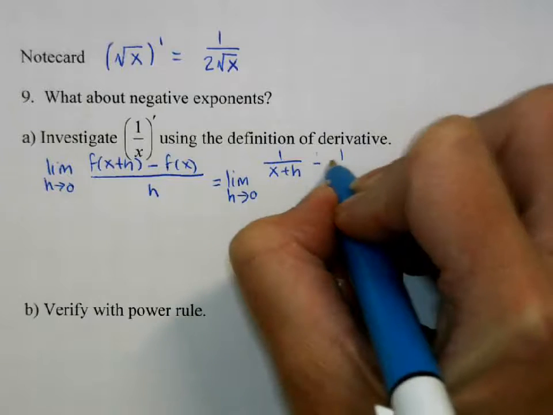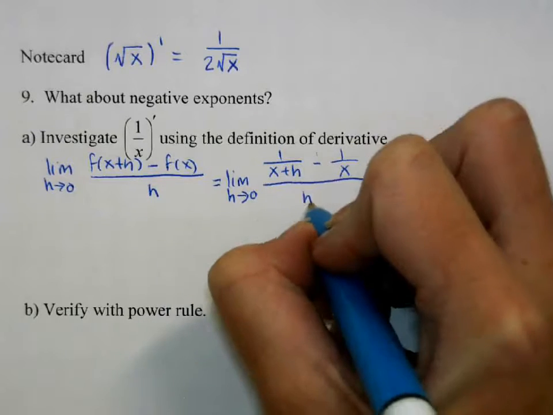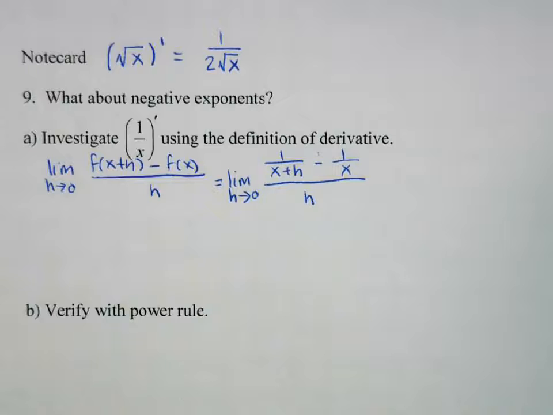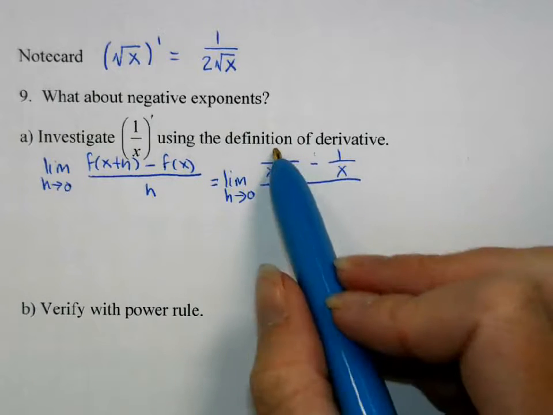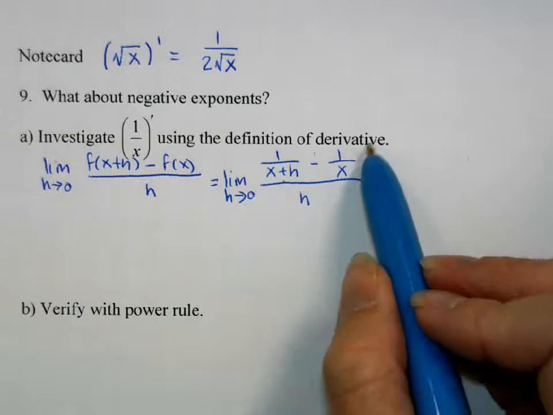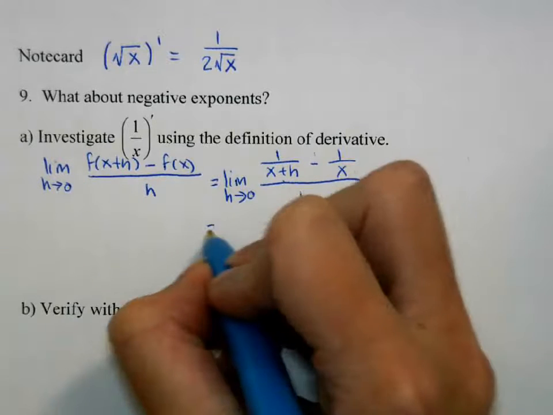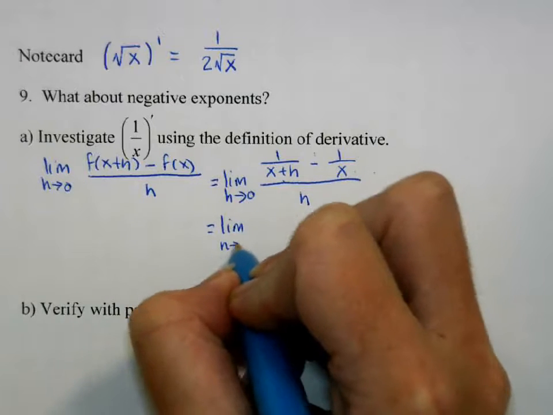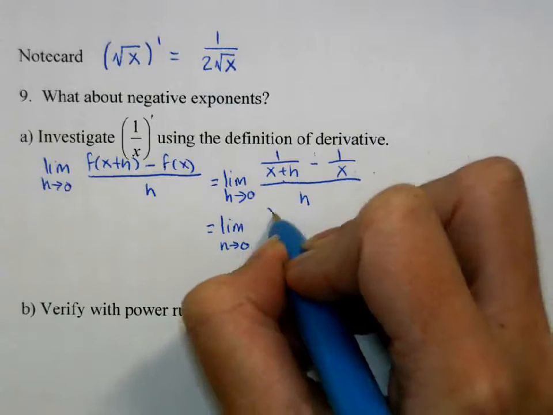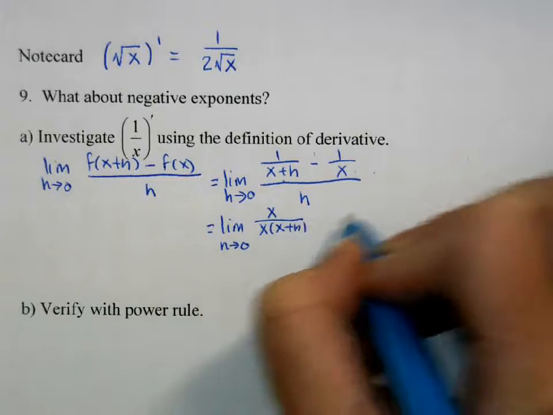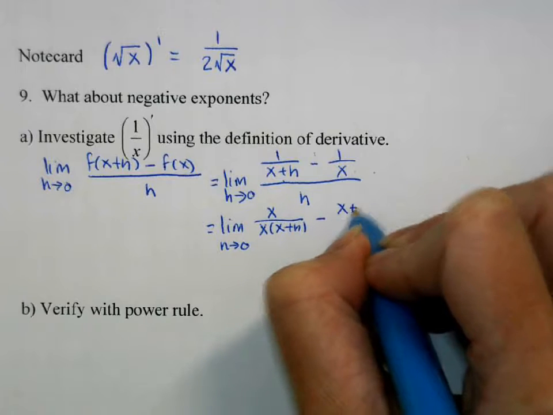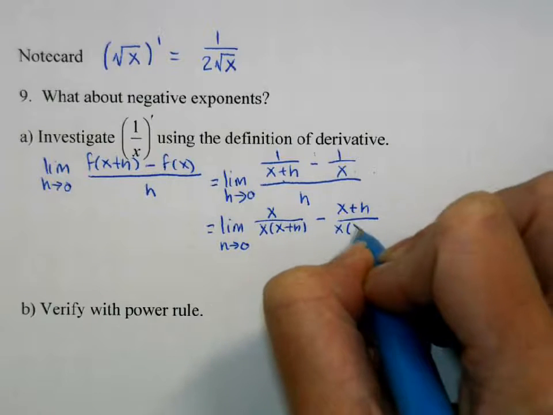Okay, so I'm going to get a common denominator. So I'm going to multiply this by x over x and multiply this by x plus h over x plus h. So this is going to be x over x times x plus h minus x plus h over x times x plus h, all over h.